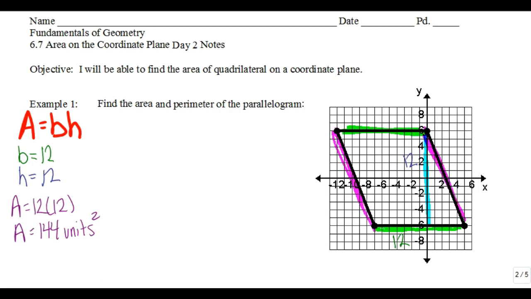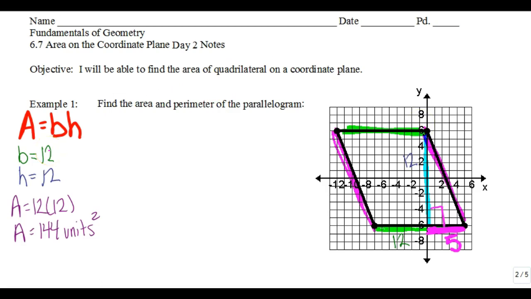To do that, we're going to use the Pythagorean theorem, or the distance formula. I needed to find my right triangle. My right triangle has one leg that's 5 and another leg of 12.